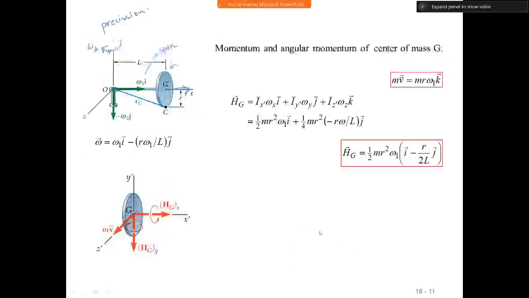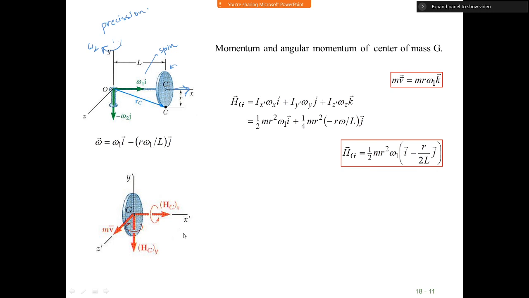Now the next thing comes. So far we know how to write the linear momentum of the center of mass and the angular momentum about the center of mass, or we can also write it about a fixed point. Now next we want to go to the equation of motion.